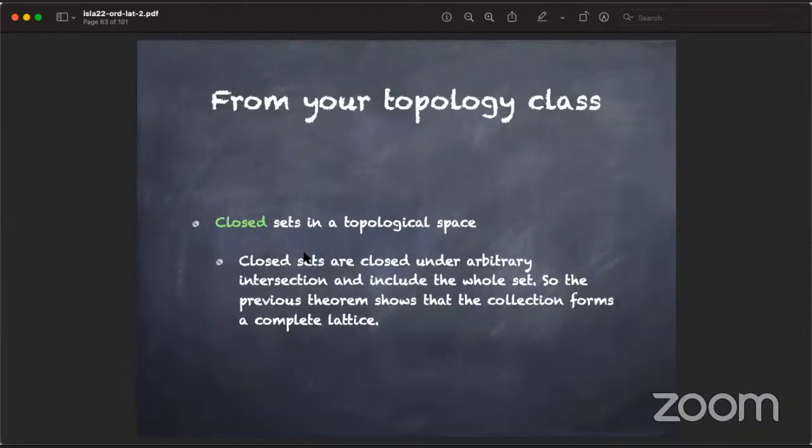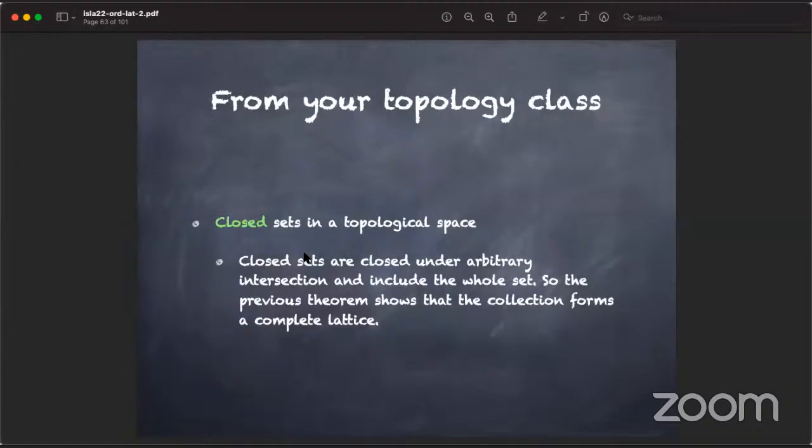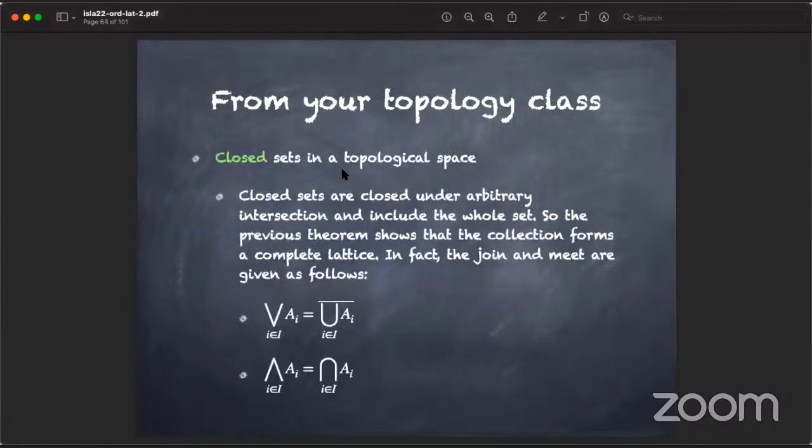Ma'am, so join will be the closure of the arbitrary union of the closed sets. Exactly. And meet will be the intersection. So join will be the closure of the union and meet will be just the intersection.